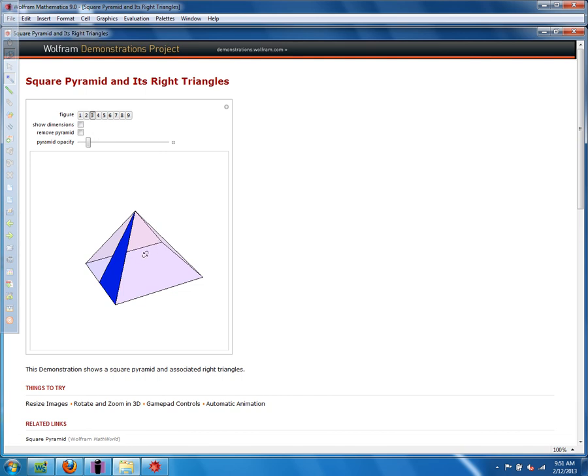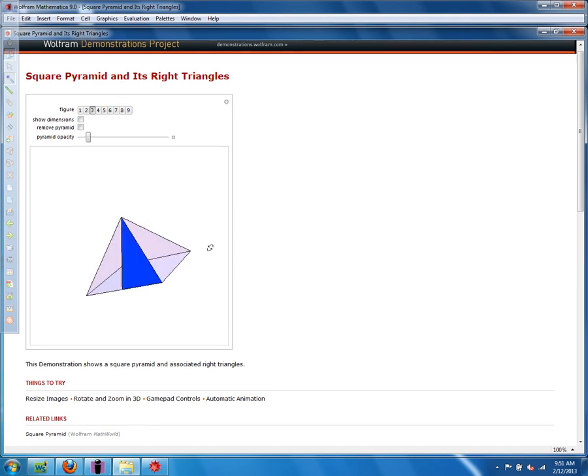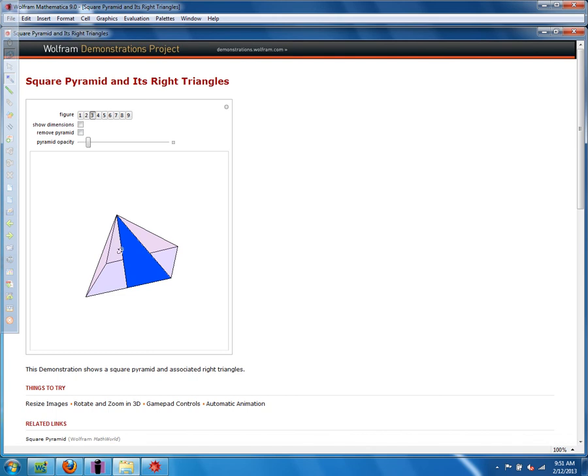Another right triangle that shows up in pyramids is right here on the face of the pyramid. So this is just on the side of the pyramid. This is the slant height. This is half the side length, and this is one edge of the side.